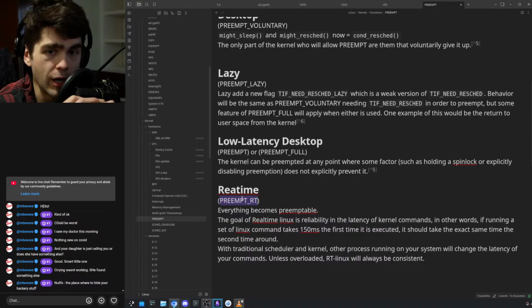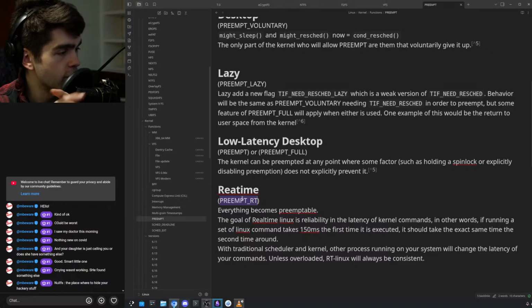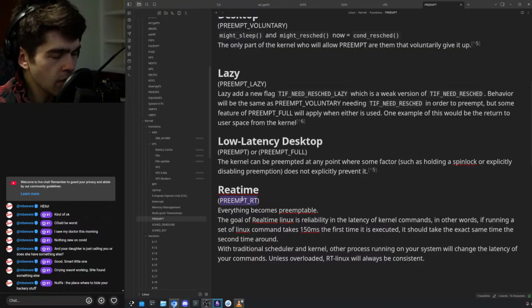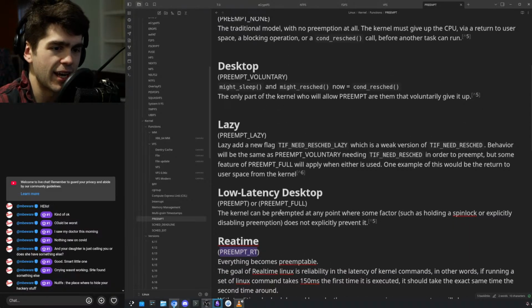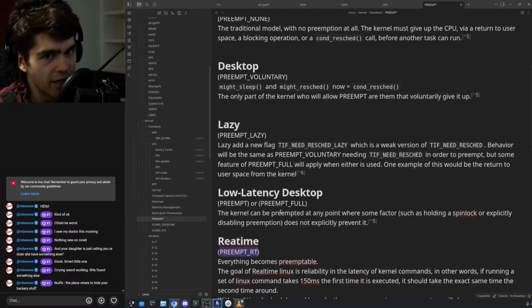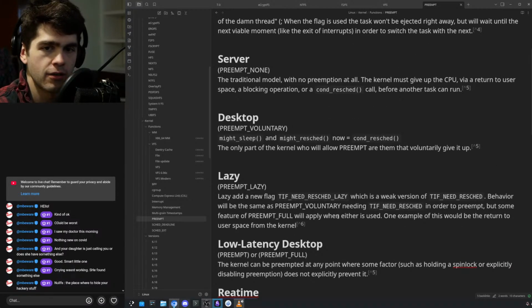We're going to rewrite code slower, shittier, to make sure that things are preemptable. So that's real time: we're going all out, making sure that it's always preemptable. Full is saying, let's not get crazy, but we want it to be pretty much always preemptable. And lazy is, let's just be reasonable.